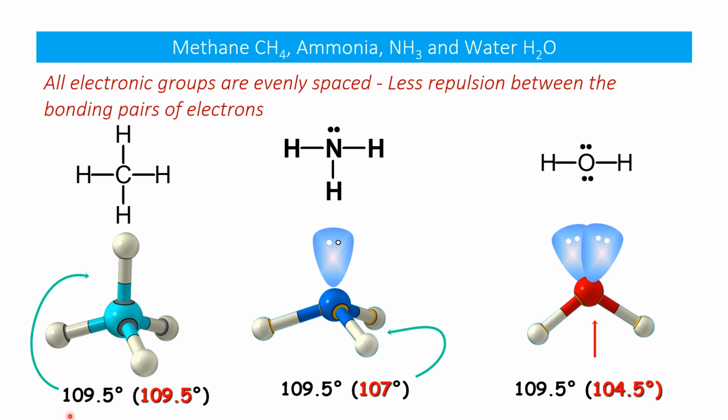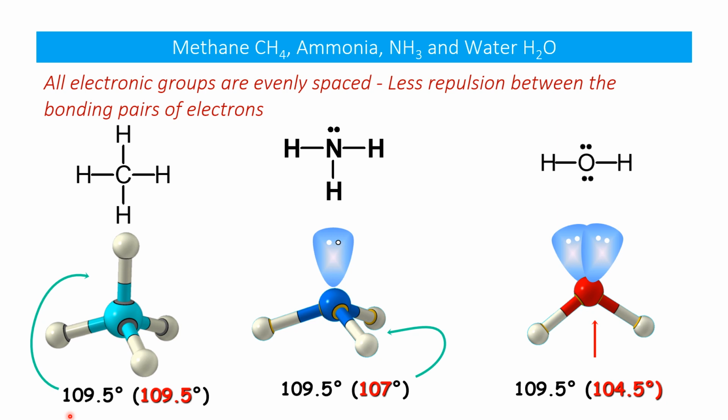So now we have a bond angle of 104.5 degrees. Now, notice that this is the electronic environment of the molecules that we have here, i.e. tetrahedral. So we have methane, ammonia, and water in a tetrahedral electronic environment.